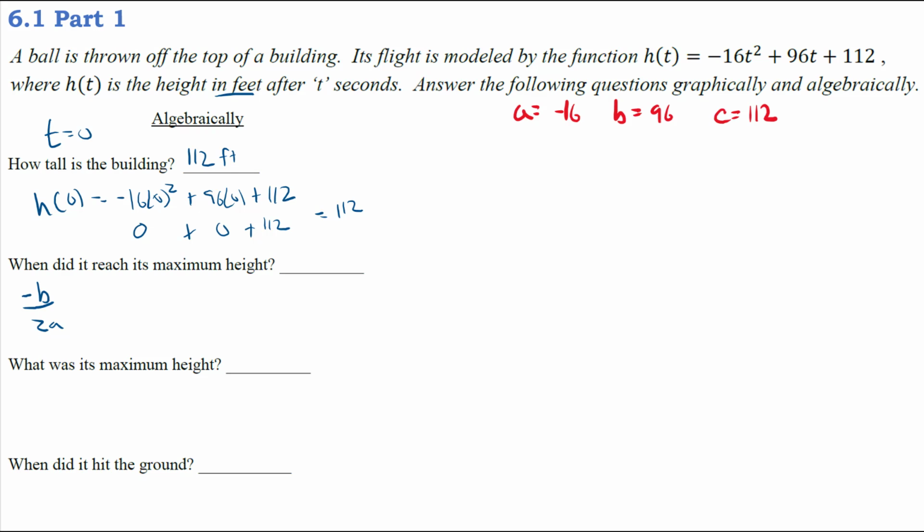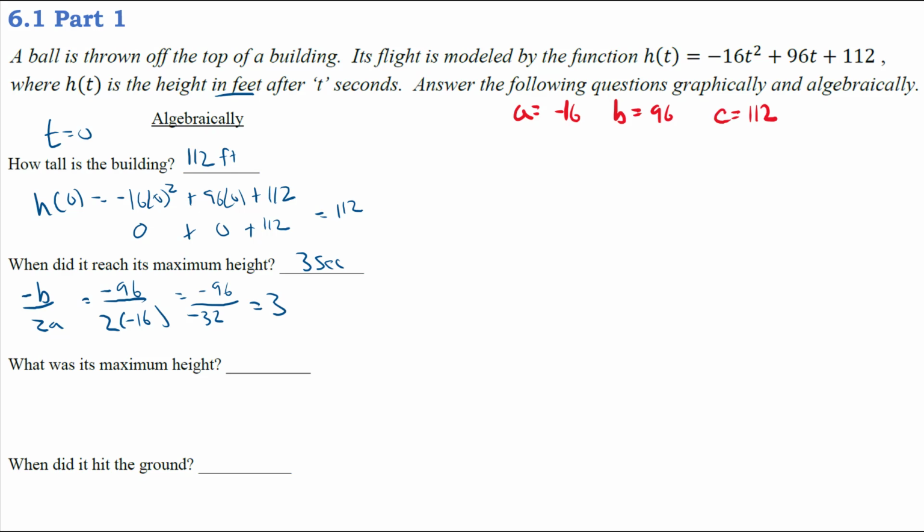Okay, so now we got our negative b, so we should have a negative 96 over 2 times a, which is negative 16. So we'll get negative 96 divided by negative 32, and that gives us 3. So it reaches maximum height at 3 seconds.